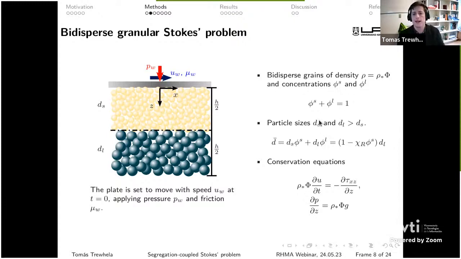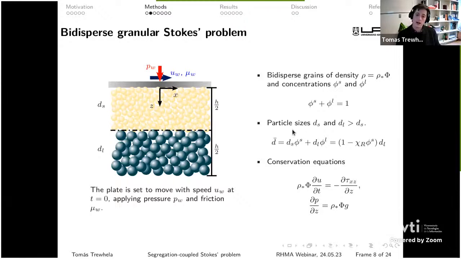Then the large and small particles are characterized by their sizes, with a small diameter and a large diameter that, of course, is larger than the small diameter. That prompts an intuitive definition of a concentration-average diameter, which takes into consideration the diameters and the concentration of particles.